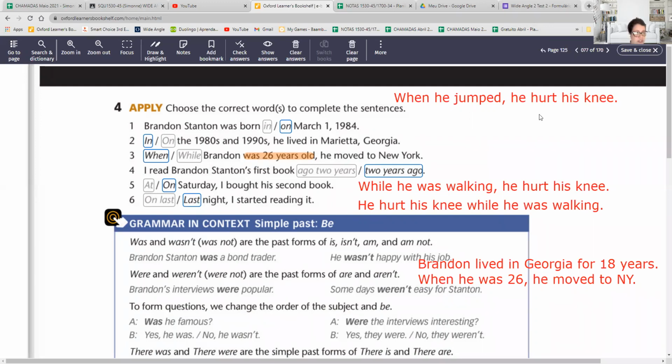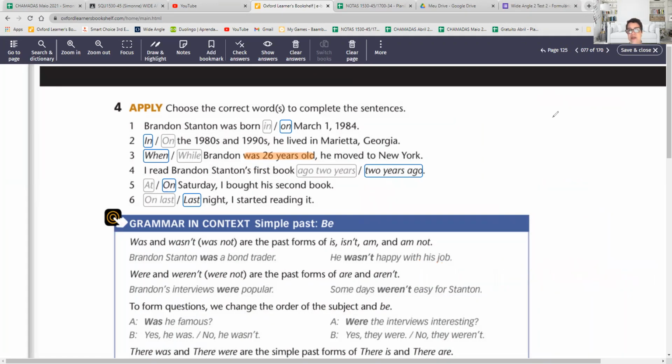So let me just clear the annotations. Can I clear the annotations there? Yeah. Because it's polluted. Okay. All right, guys. So let's check the answers here. Yes, everything.